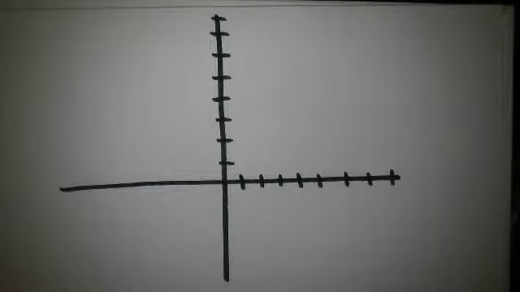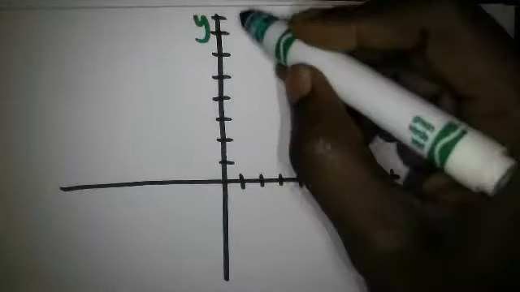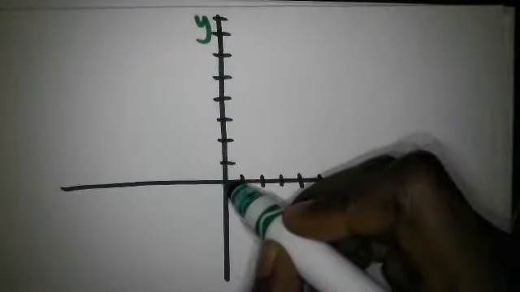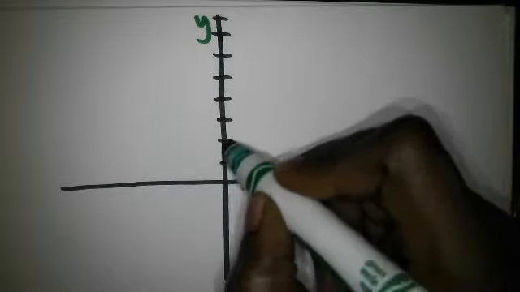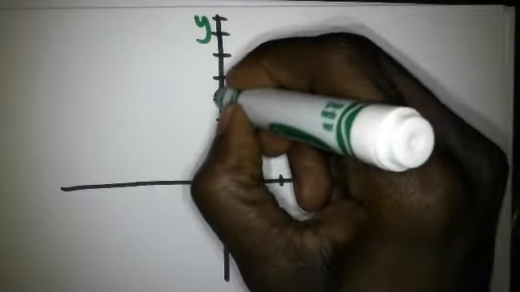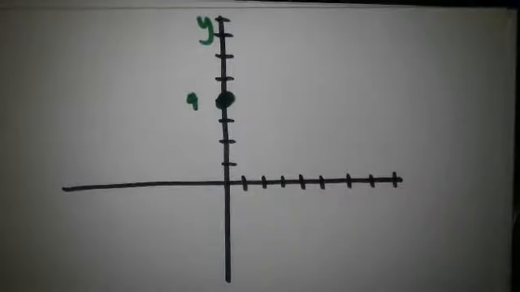We know the first point: x is 0, y is 4. Or we can say y is equal to 4. That means we go on the y line only. We just plot a point on the 4. So 1, 2, 3, 4. It should be about here. So this is the 4th point on the y line.